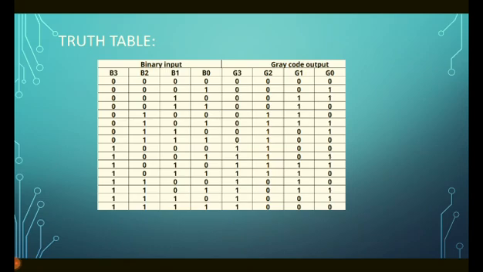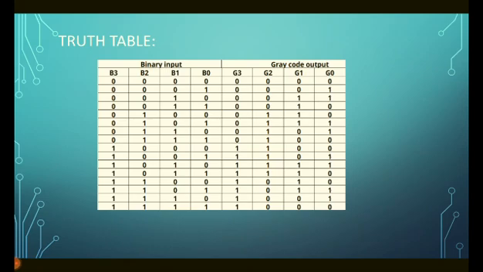When you give input value for B3, you get output value for G3, G2. When you give input value for B3 and B0, you get output value for G3 and G2. When you give input value for B3 and B1, you get output value for G3, G2, G1 and G0.